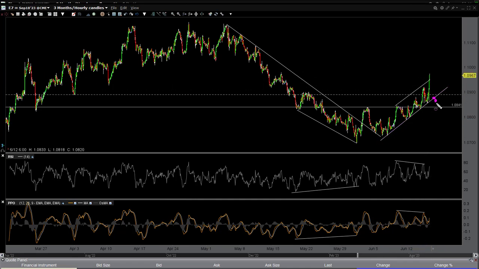So if that breaks, and especially that 108.41 level, that was the breakout right here. Remember, there was a breakout back test and we had resistance here. So boom, boom would be your two sell signals on the euro, and that again would be bearish for gold, silver, and the stock market.